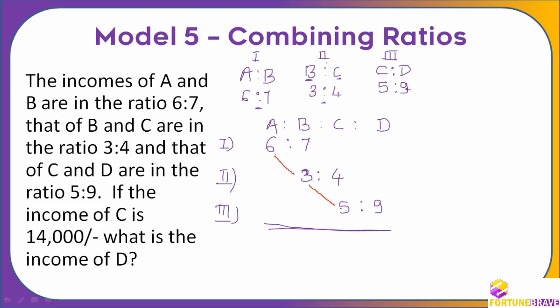Are you getting my point? I am going to write here again A and B and C and D, so that it is very clear. So it will be how much? 6 3s are 18, 18 5s are 90. 90 will come here.